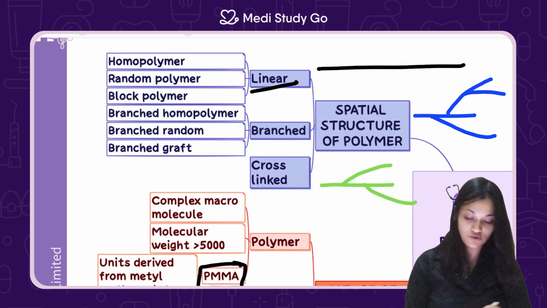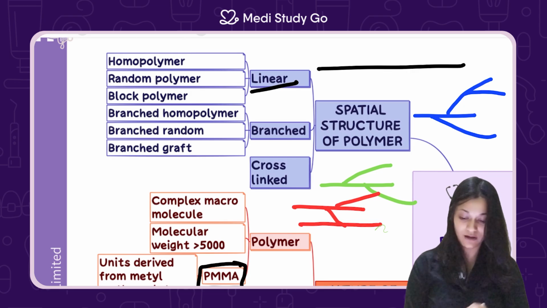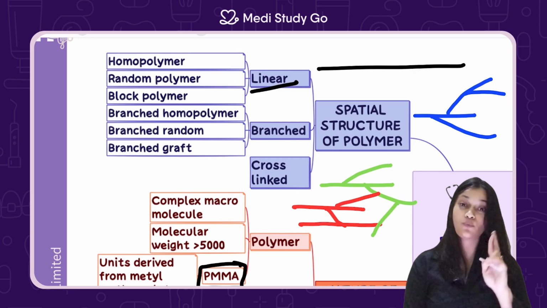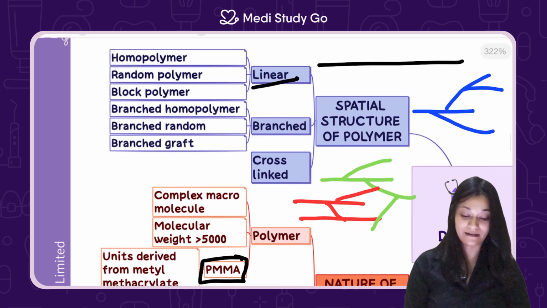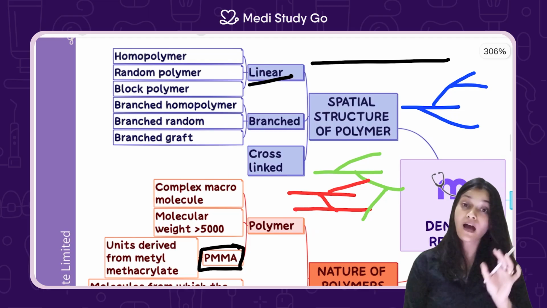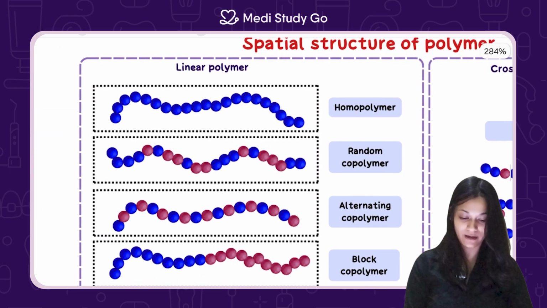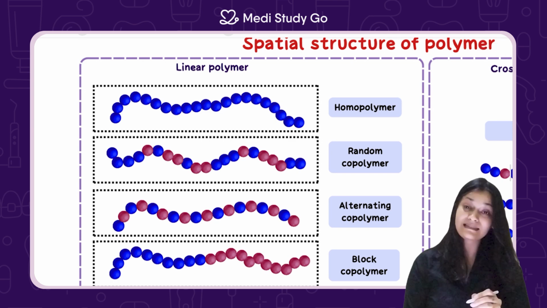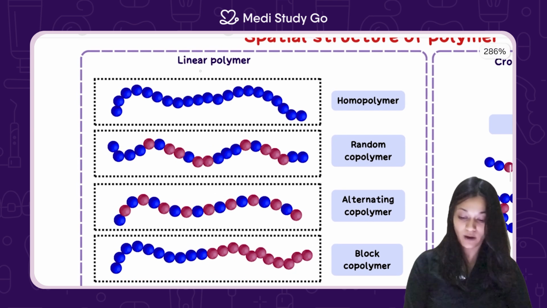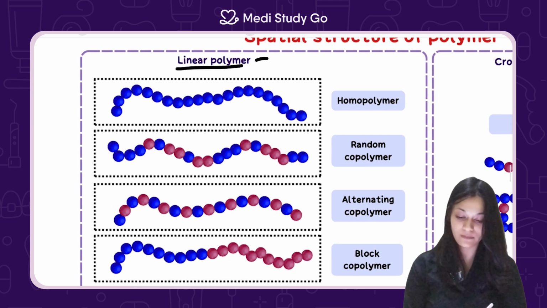So imagine having two branches and they link with each other. This is nothing but your cross-linked polymer, in which other molecules are attached together. To make this more understandable, let me give you one example. When I say there is a linear polymer, what I mean is that it's just a chain.